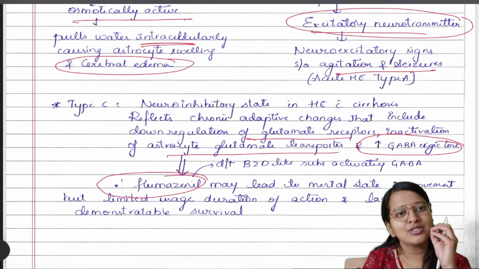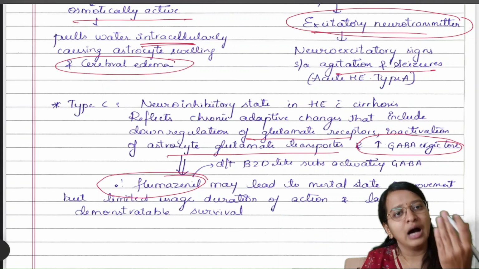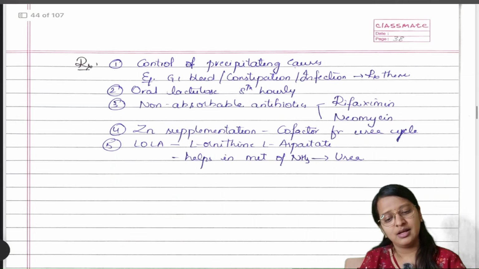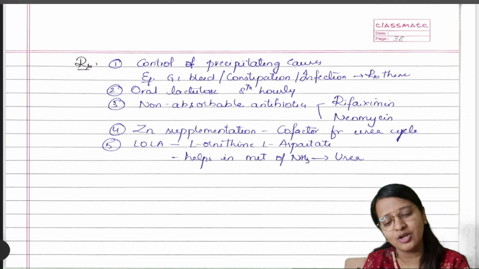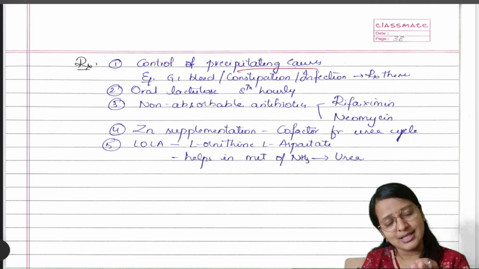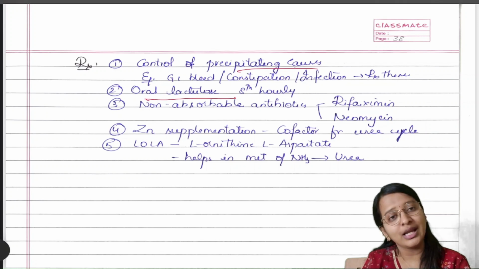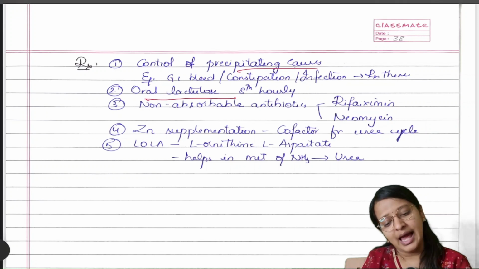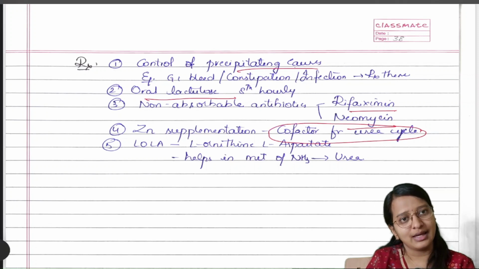What is the main problem is your glutamine and glutamate. All this is because of your ammonia. So how will we treat this? The most important thing is you have to control the precipitating causes. And once there is hepatic encephalopathy, we'll be going with oral lactulose 8 hourly, non-absorbable antibiotics like rifaximin and neomycin, and zinc supplementation because it also helps in the urea cycle.